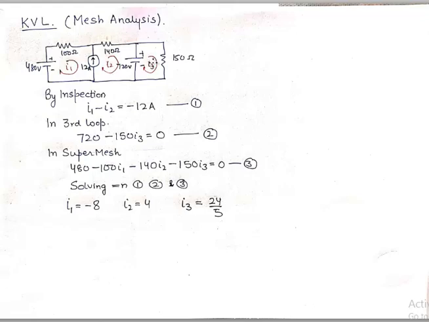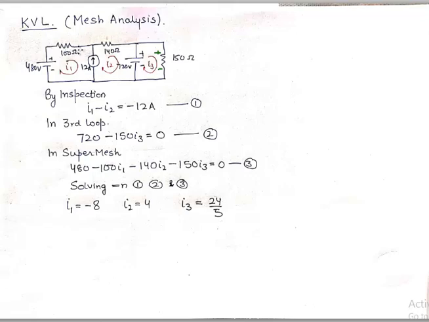And in the third loop, which is the smallest loop, when we move around this loop we see 720 volts and then some resistance, and some voltage is dropped across that resistance, which is 150 I3, and it is equivalent to 0. So this mesh gives me this equation, and the super mesh here gives me 480 minus 100 I1.